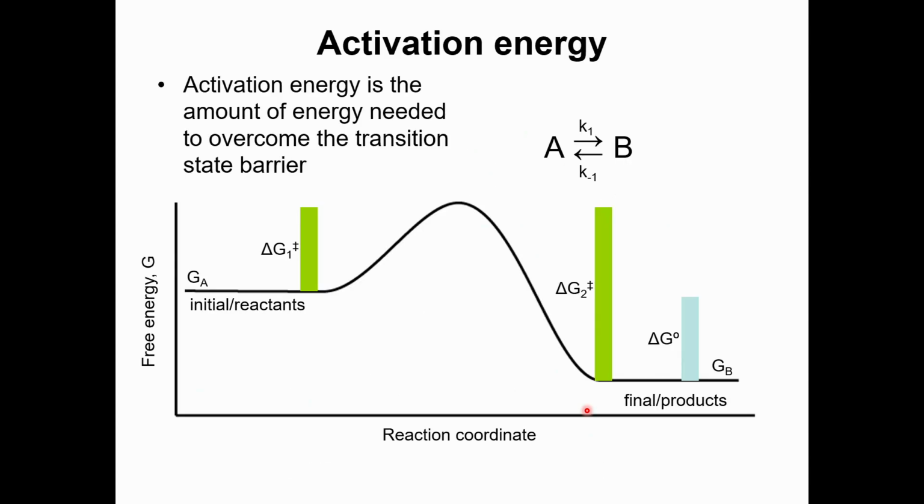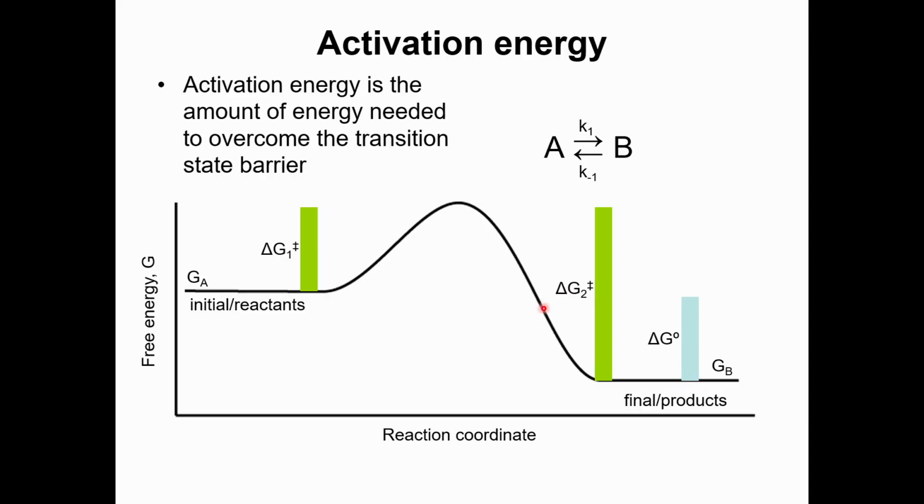I'll talk just a little bit about energetics of enzymes. So if you think about it, here's kind of the free energy level of the reactants. We would also call this the substrate. And here is the free energy of the products.